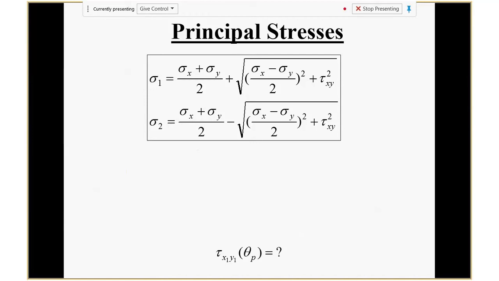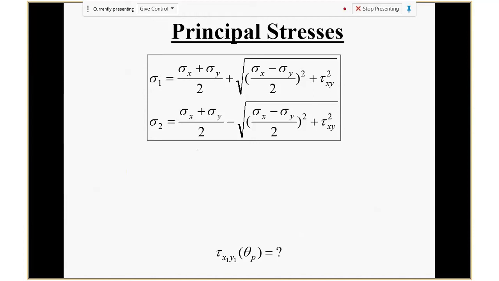So we name them sigma 1 and sigma 2. What are sigma 1 and sigma 2? They are the principal stresses. So it will be maximum or minimum. Actually, you have 2 solutions. One, sigma 1, is the maximum, and another, sigma 2, is the minimum.